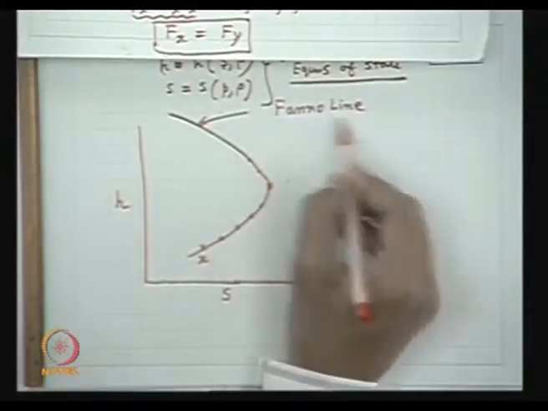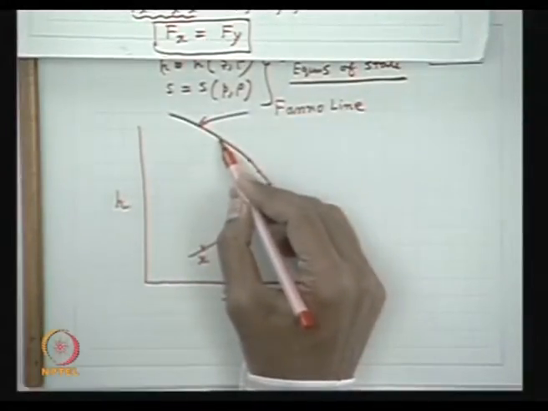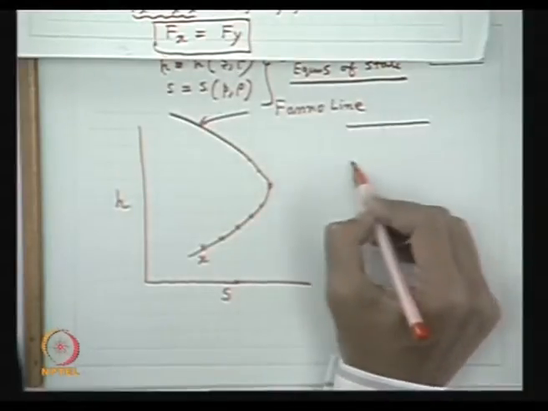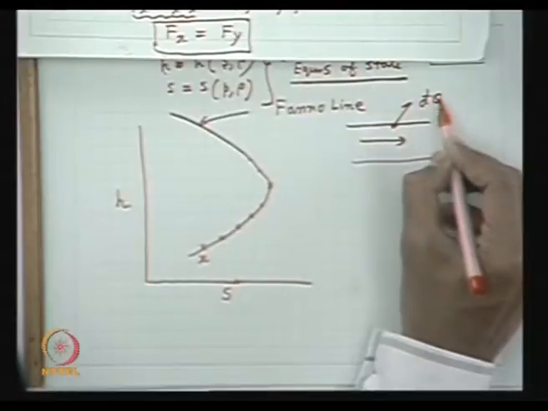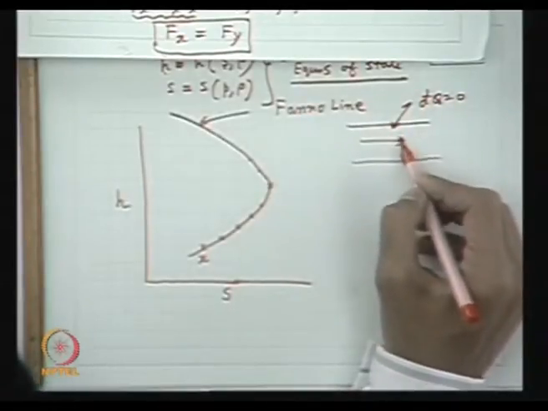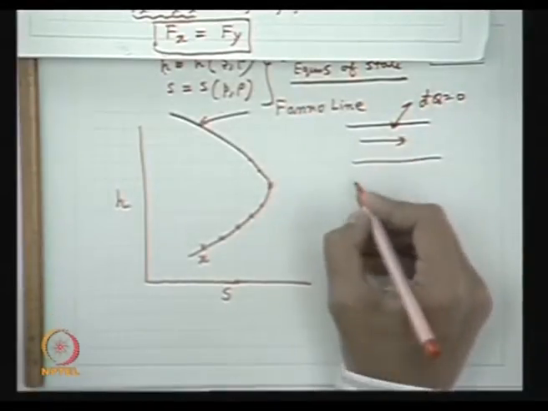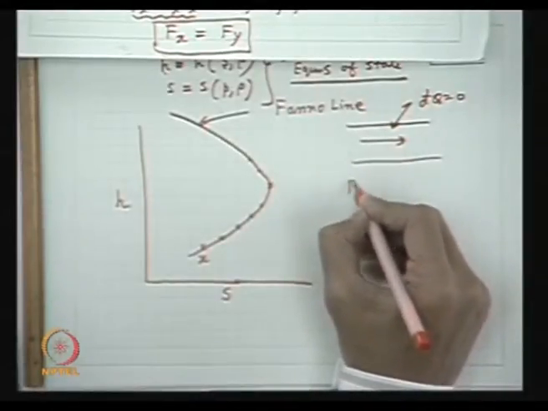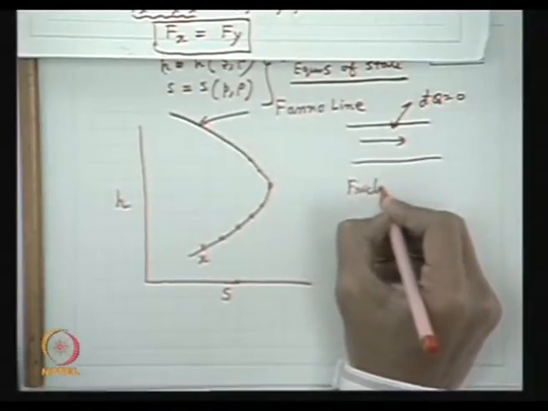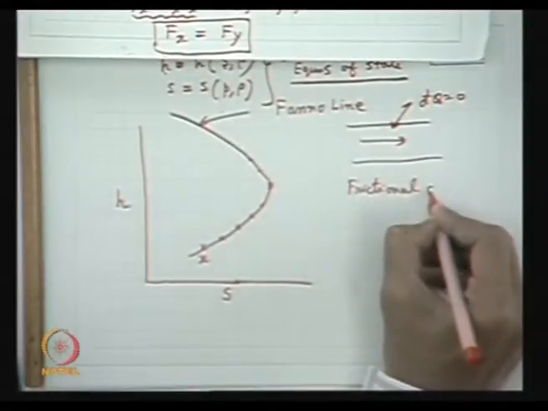So, therefore, this refers to a flow where the flow takes place without heat transfer, that means dq is 0, but there may be friction. That means this refers to flows which are frictional adiabatic flows.